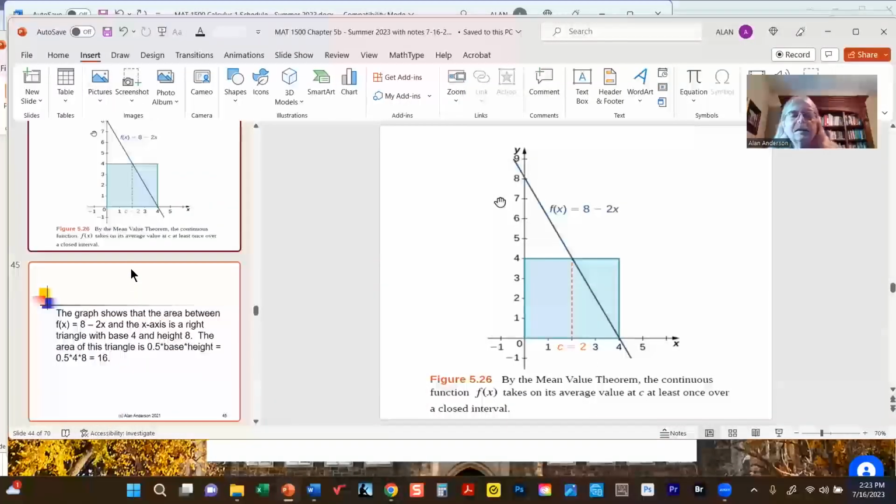But how do we figure that out? Well, at the point c equals 2, if you look at the area of this rectangle, the entire rectangle has an area of the base times the height. The base is 4. The height is 4.